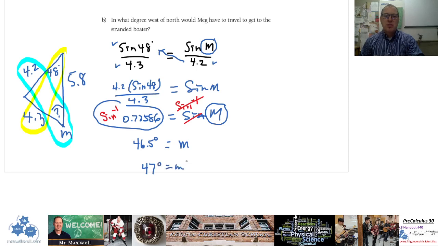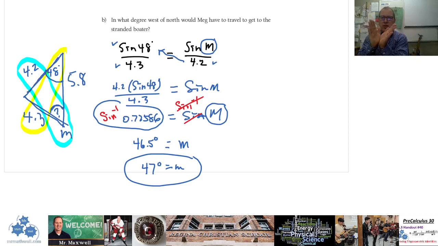I'm not sure what the back of the book will say. Probably nearest degree should be fine. So let's see. Does that make sense? Well, this is 48 degrees with 4.3. This is 47 for 4.2. Totally makes sense. The smaller angle has a smaller opposite side. A larger angle has a larger opposite side. See that? Totally makes sense.